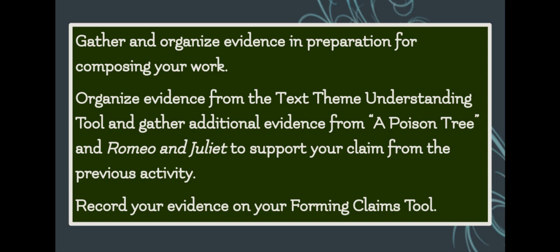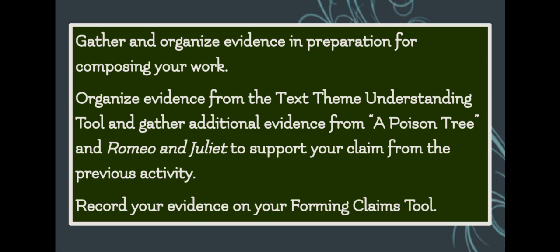Now you will gather and organize evidence in preparation for composing your work. You will need to organize evidence from the Text Theme Understanding tool that was posted back in Lesson 1-3, and gather additional evidence from A Poison Tree and Romeo and Juliet to support your claim from the previous activity.